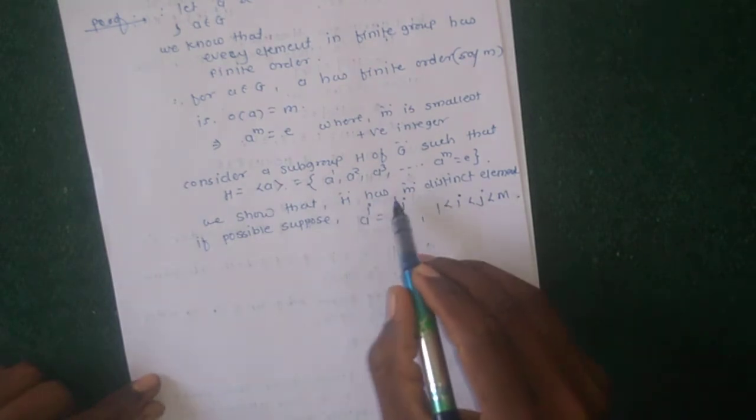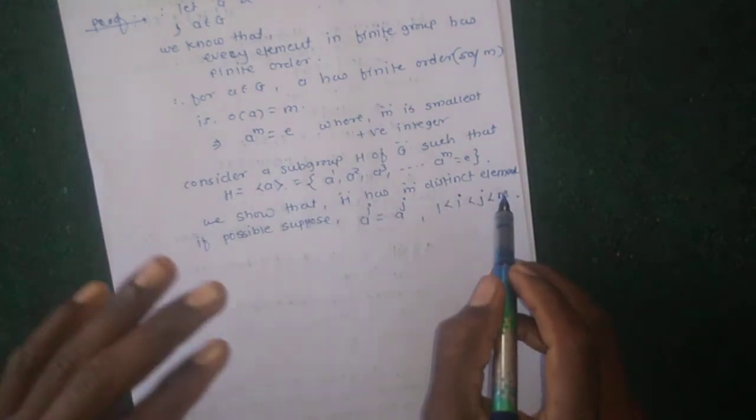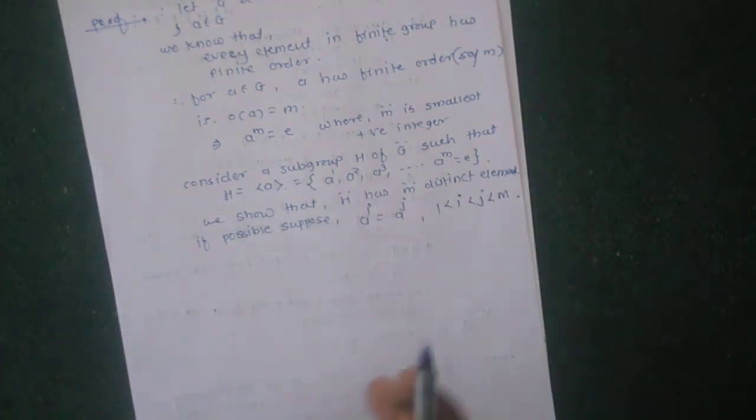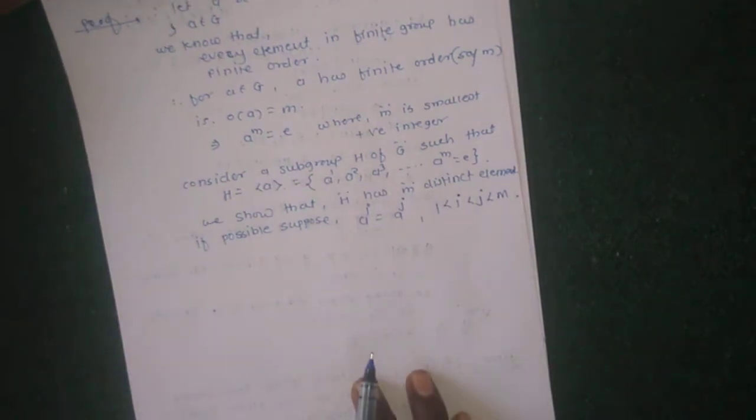Suppose that any two elements are repeated, so that there is no distinct element.